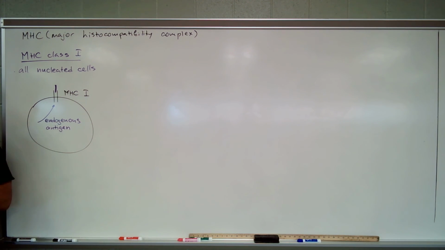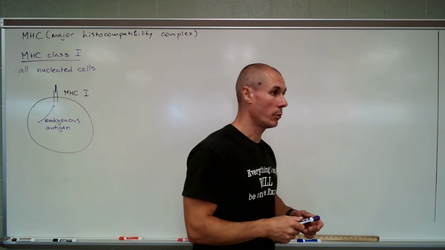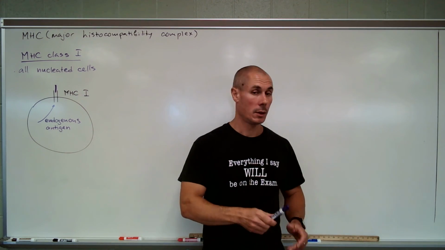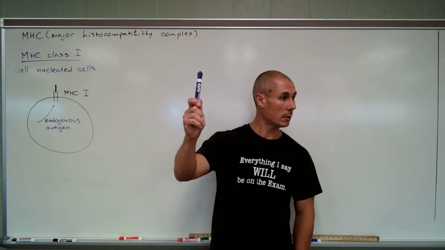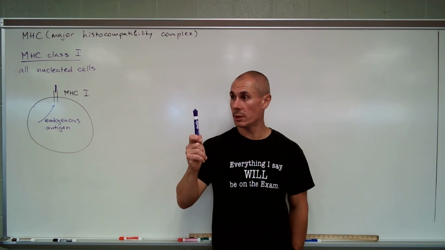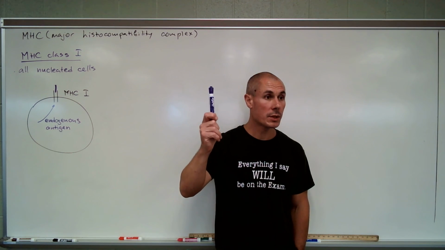Endogenous means that it comes from within. Now imagine that I am that cell and I stick this out. What does it tell my immune system? It tells my immune system that I'm fine.